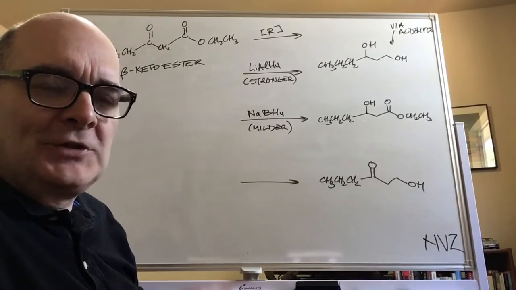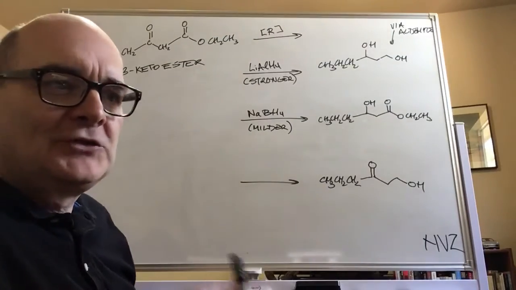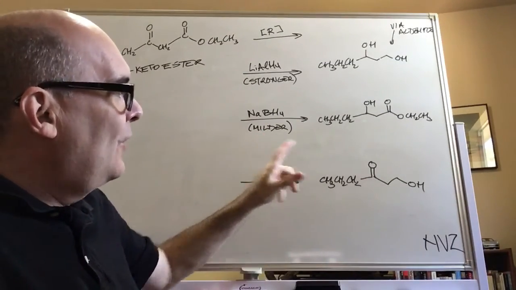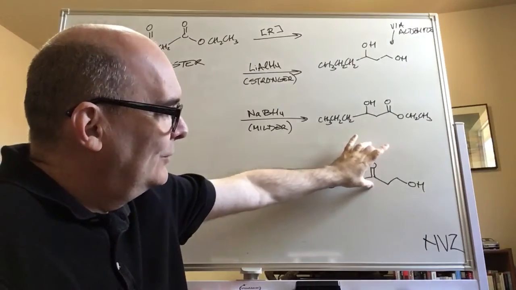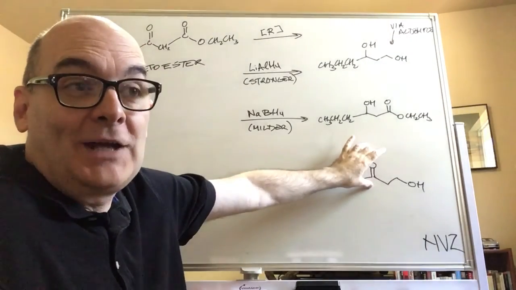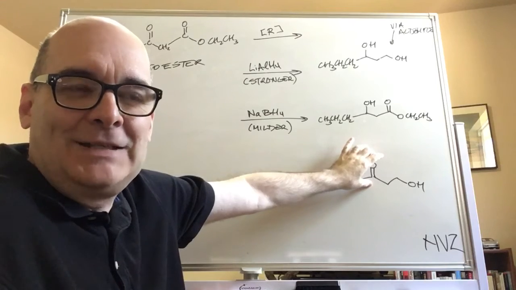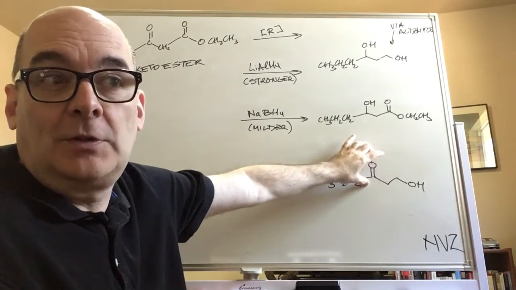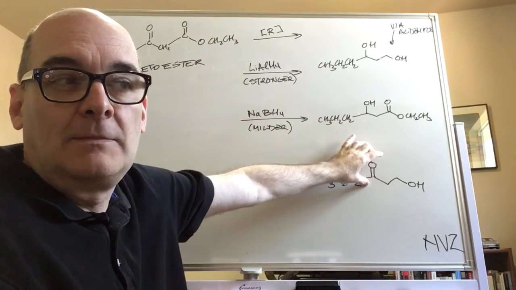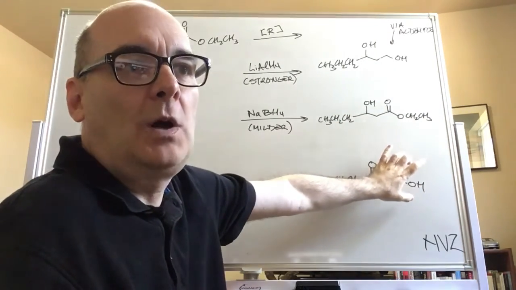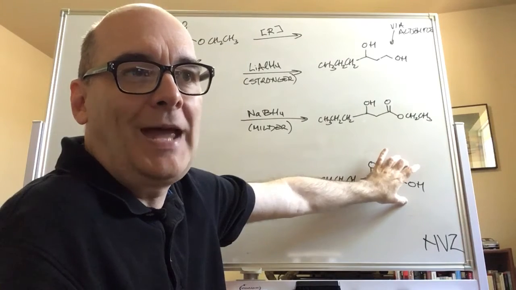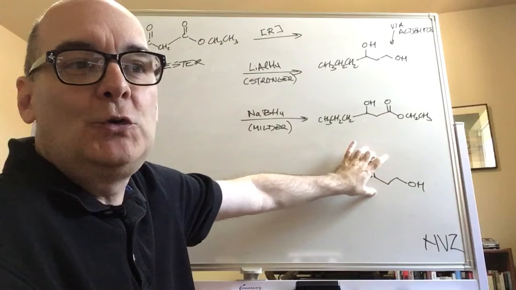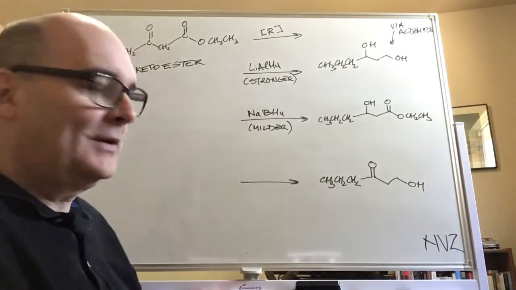So we have to come up with a solution. And the solution is to go ahead and react the most reactive part selectively, softly, with something that's reversible. And then go ahead and do a hard reaction on the ester to turn that into an alcohol, and then undo the thing that you started with.